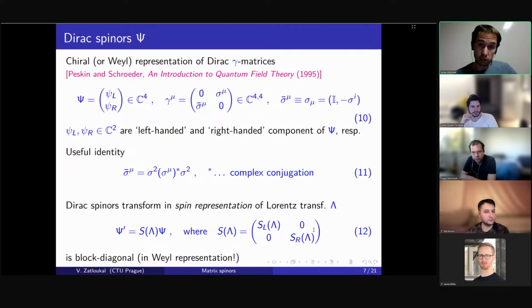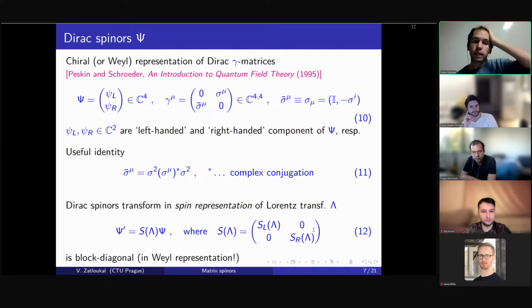For our purposes, it turns out most convenient to use the Weyl or chiral representation. And so the Dirac spinor is a column vector which has 4 complex components. In the Weyl representation, one usually talks about the so-called left-handed component of the spinor and the right-handed component of the spinor. So both of them are 2-component spinors.